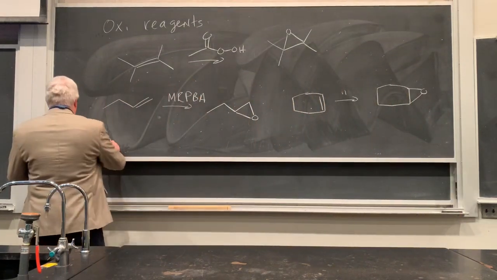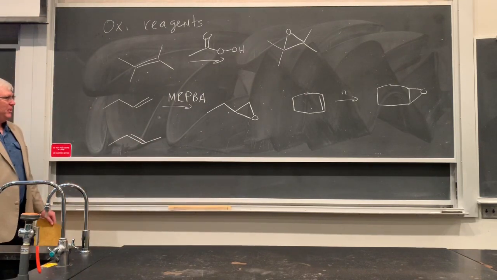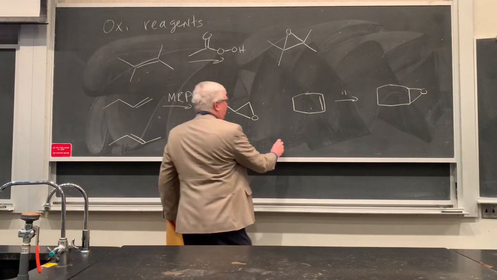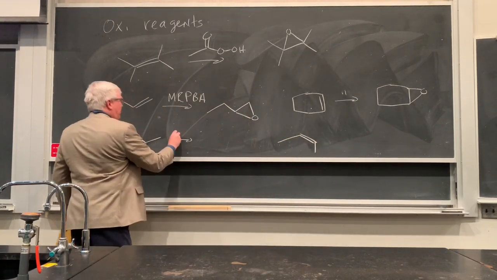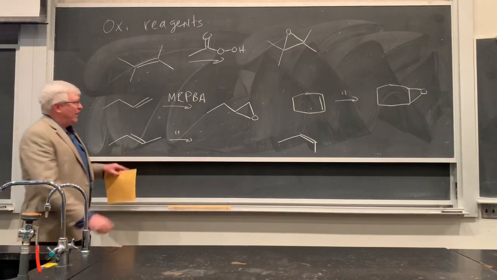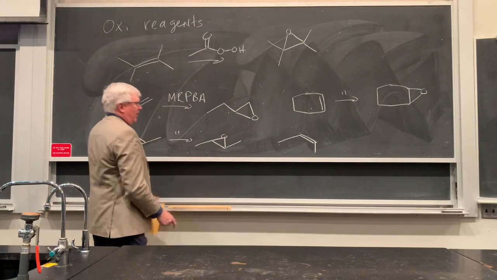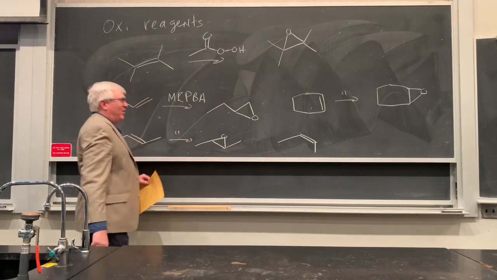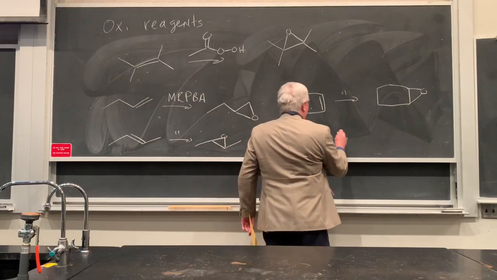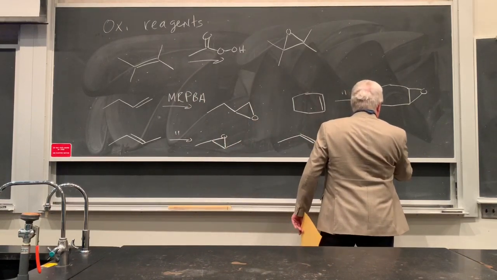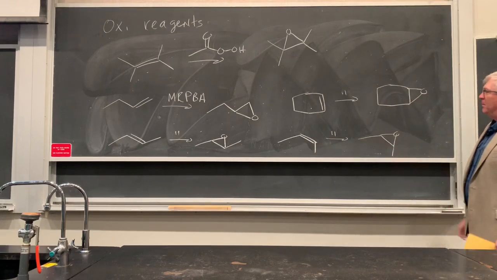Let's look at trans 2-butene versus cis 2-butene here. What do we get? MCPBA with this alkene, we're going to get the trans epoxide. Okay? These two methyl groups will still be across from each other. And what do we get here from the cis? We get the cis epoxide. The two methyl groups are still on the same side.